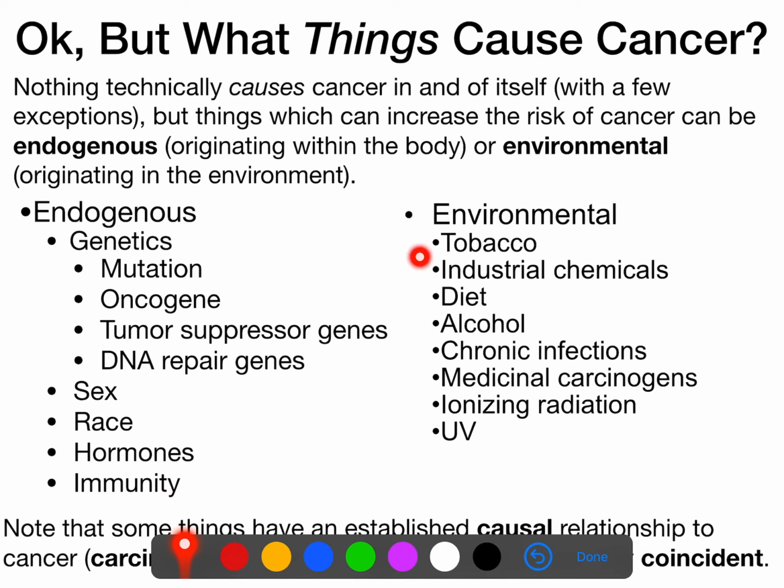All right, the environmental factors. Tobacco, obviously. Everyone knows this. Industrial chemicals, a huge number of them are potential mutagens. Diet, important because it affects your immunity. Your diet also affects lots of things.